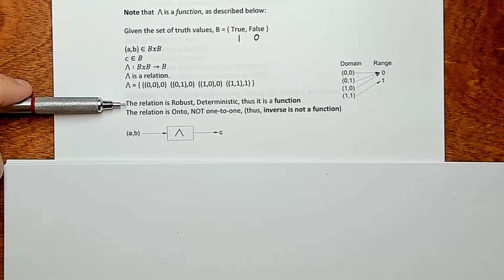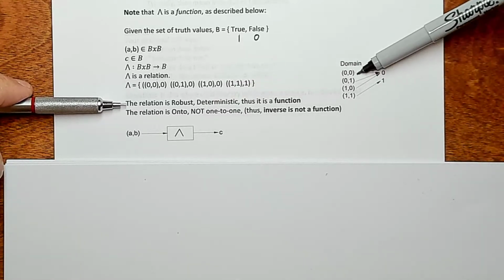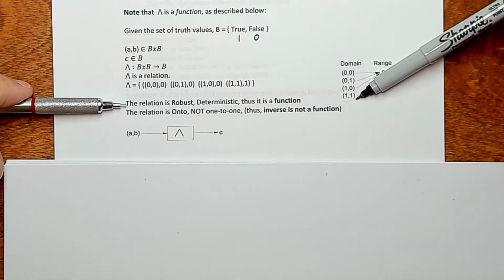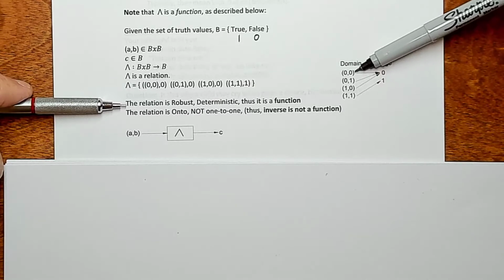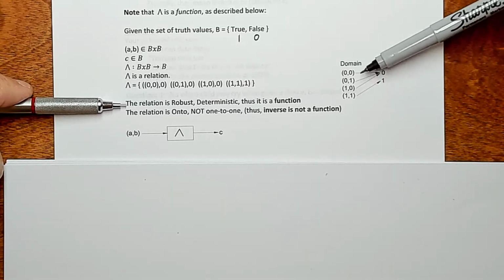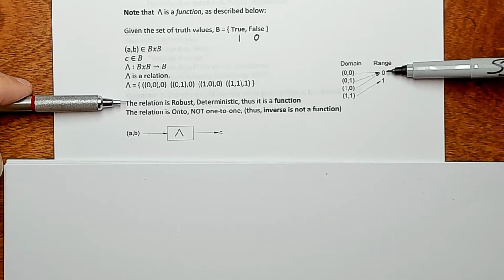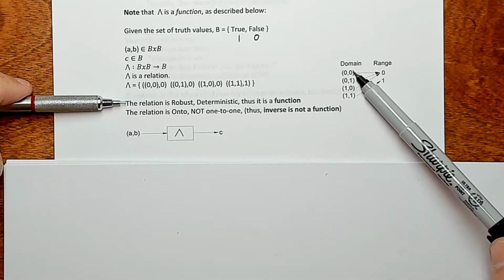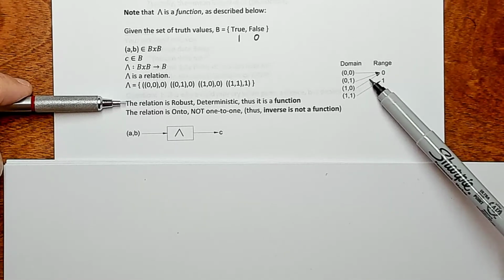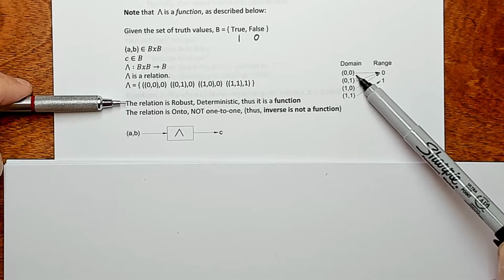Relations have properties, remember? Robust and deterministic. This guy's robust because it knows how to handle every element of the domain, so it won't break when you feed it these guys. It's deterministic, that is each one of these inputs will always produce the same output. Like 0, 0 will always produce a 0. There's only one arrow leaving each one of these guys. That's deterministic.